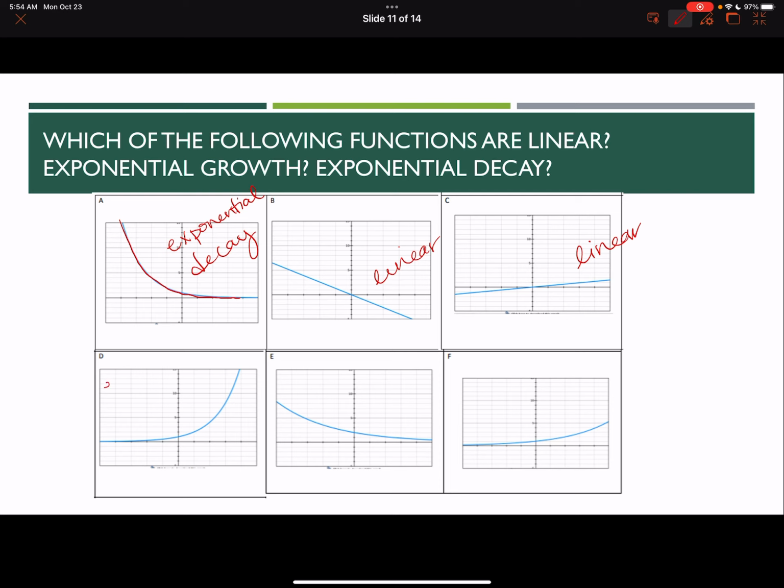Letter D, exponential growth. Letter E, exponential decay, because it's going down from left to right. It's less steep, but it's still going down. And this one is less steep too, but it's still going upwards. So it's exponential growth. So again, the graphs are pretty easy.